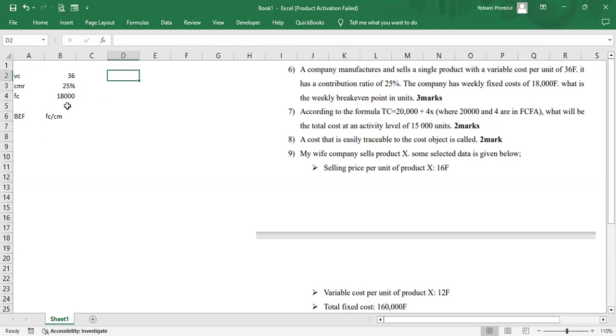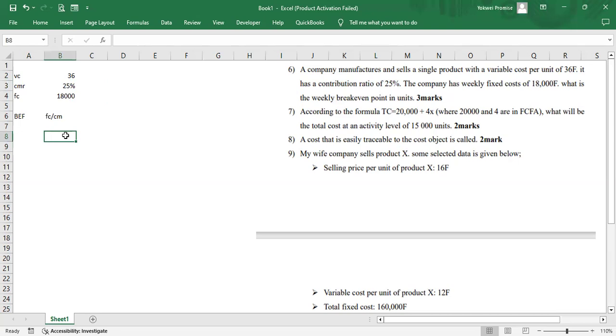We know that contribution is equal to sales minus variable cost. Even the sales, we don't know. If there was a board, this could be very nice; I would be solving directly on the board.